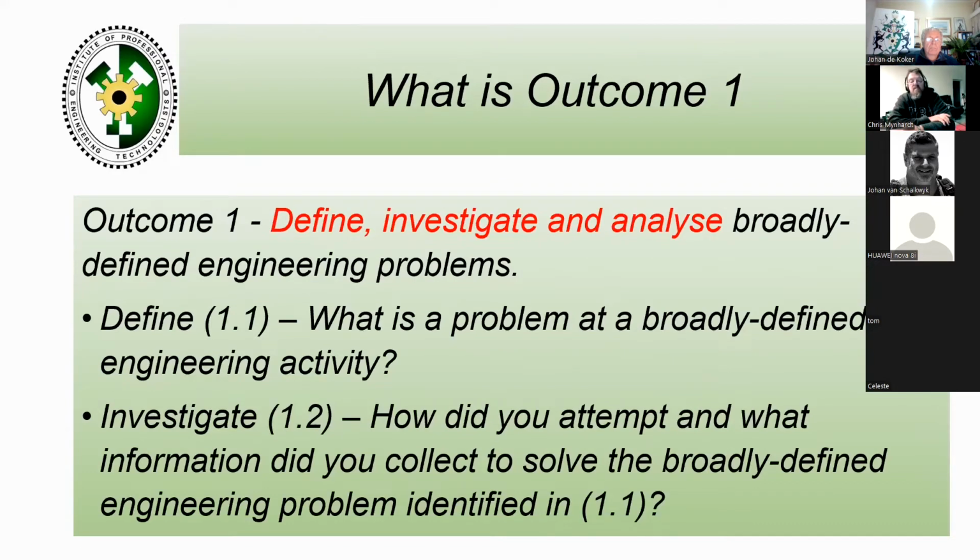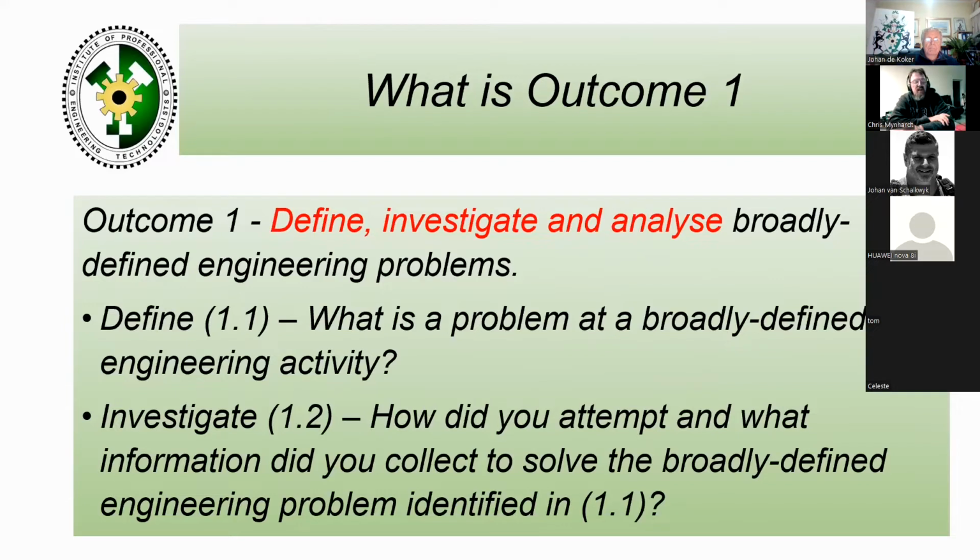Now, what is outcome 1? This is what you have written in your application, your engineering report, as outcome 1. It says define, investigate, and analyze broadly defined engineering problems. I've highlighted define, investigate, and analyze. Those are your key words.